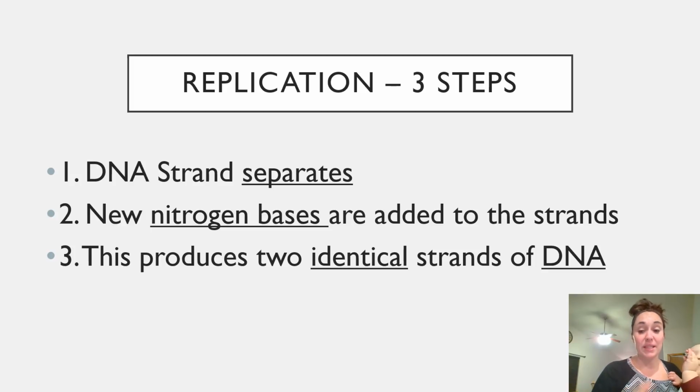So the DNA strand unzips, pulls itself apart, and new bases are added. Now there are 2 identical strands, and each has one of the original strands. There's a video on replication a little farther on in the PowerPoint that does a really good job with an animation of showing how this happens.